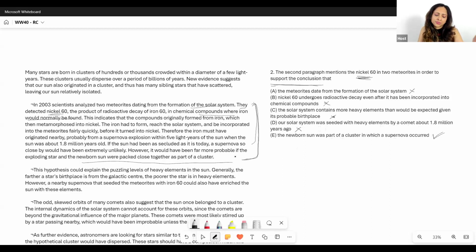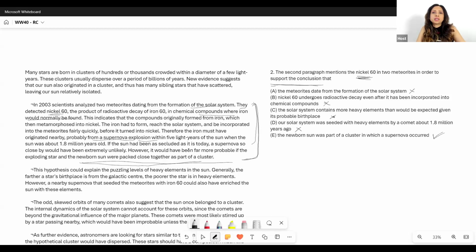Look, there's a conclusion over here that the sun was packed close together as part of a cluster. Then there is an intermediate conclusion, right? Understand that, and they have not given it in the options with good reason, because I would also call that a conclusion. And what is that intermediate conclusion? That perhaps the nickel 60 was found means that perhaps there was a supernova explosion close by, right?